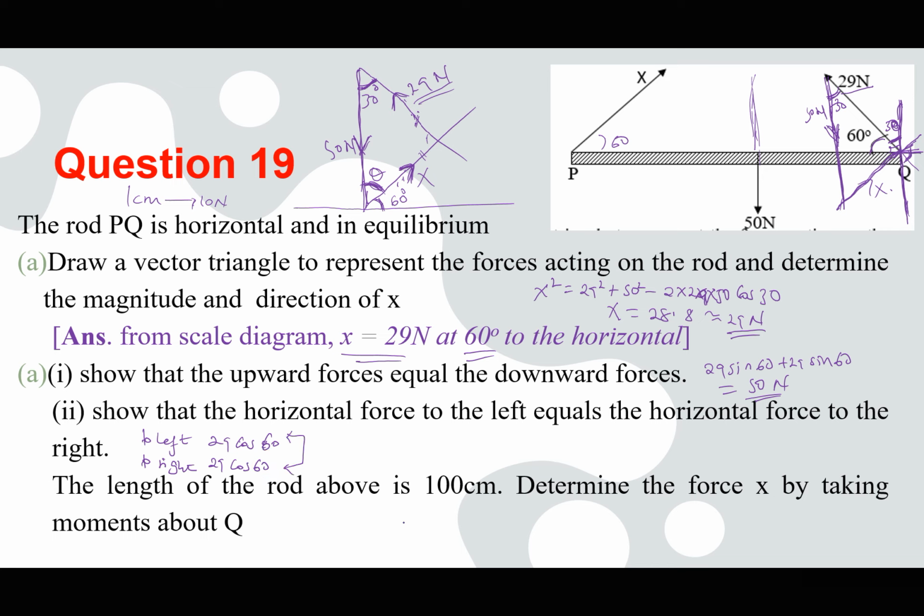Then the length of the rod above is 100 centimeters. Determine the force x by taking moments about Q. Taking moments about Q, since we have to find the vertical component of this, because the length is 100, this to the vertical is going to be x, or 29 sine of 60.